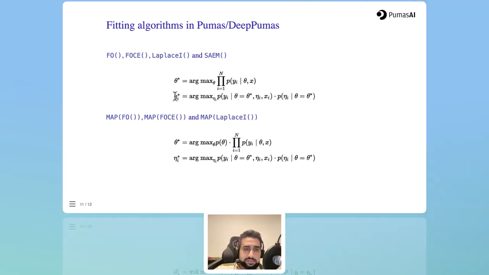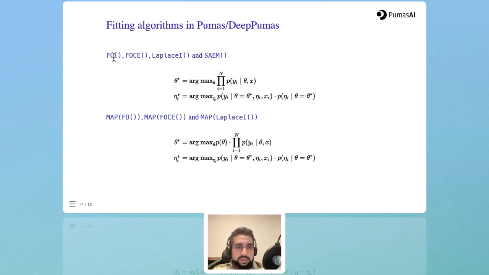The reason this is useful is because when we plot the individual prediction, this is actually what we use. We plug this in here, and then we get the mean of this distribution, usually if it's a continuous random variable or a continuous response, or the mode if it's, let's say, a nominal categorical discrete response. And so we get the IPRED based on this value of the random effect.